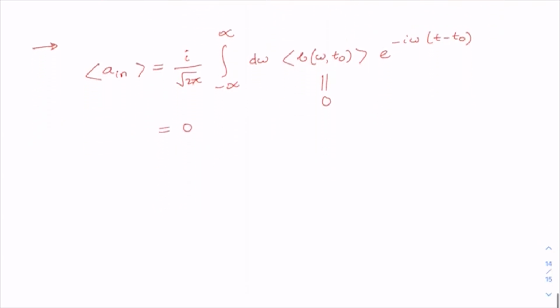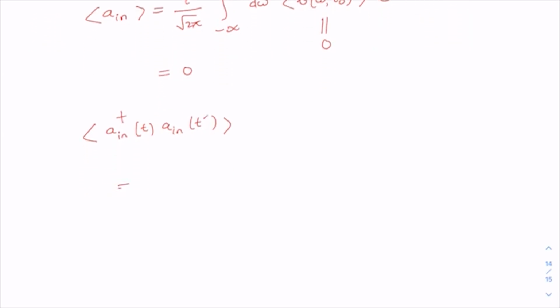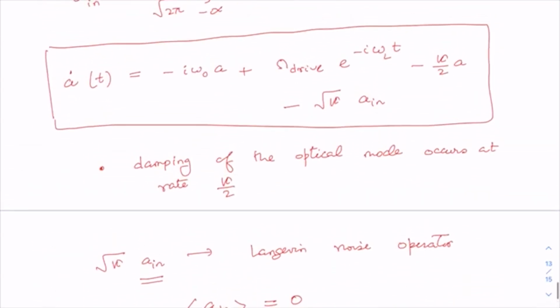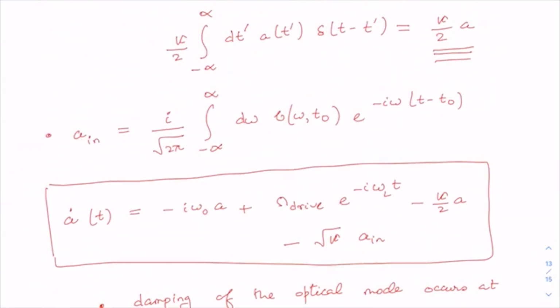We can now calculate the autocorrelation. To do that, let us work out a in dagger of t times a in at some different time t dash. Let us put in the expression of a in from here.